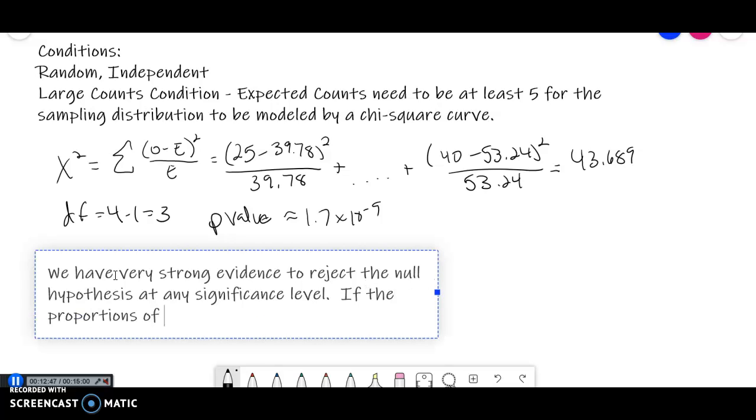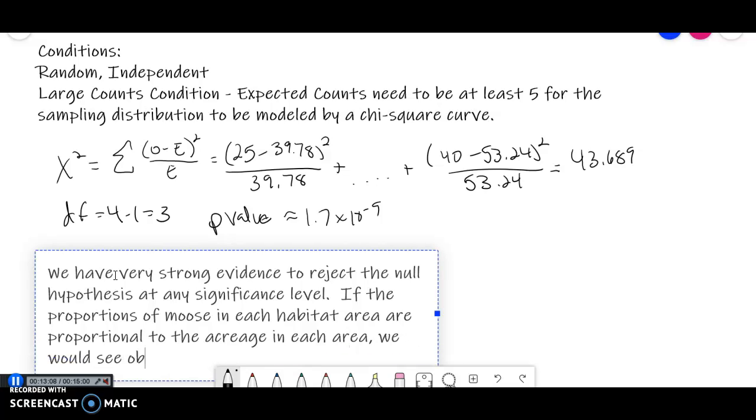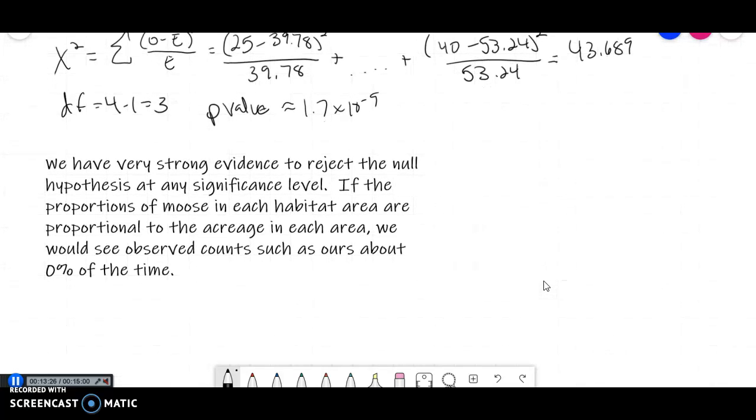If the proportions of moose in each habitat area are proportional to the acreage in each area, we would see observed counts such as ours about 0% of the time. So standard conclusion, what we've always done, it's just longer because, again, the hypotheses are usually written in words.